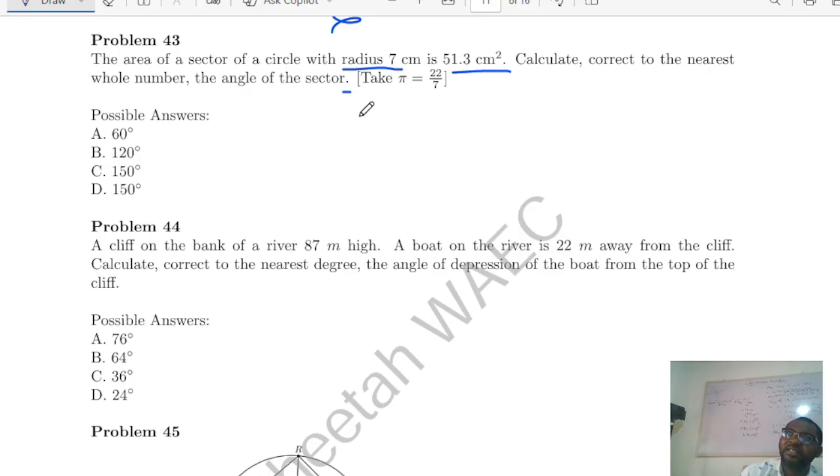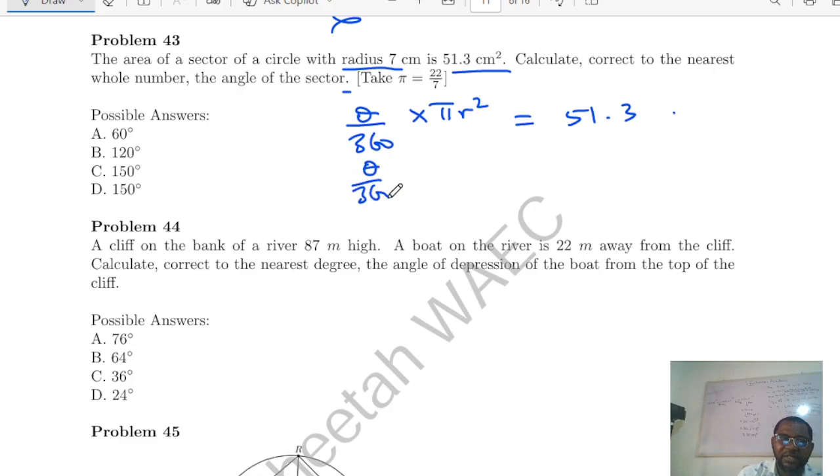Now area of a sector is simply theta over 360 times pi r squared. This is the formula for area of a sector. Based on the question, it is 51.3. So if I substitute the value, I should have theta over 360 times 22 over 7 times 7 squared equals 51.3.